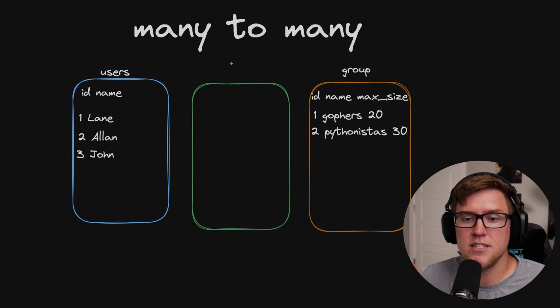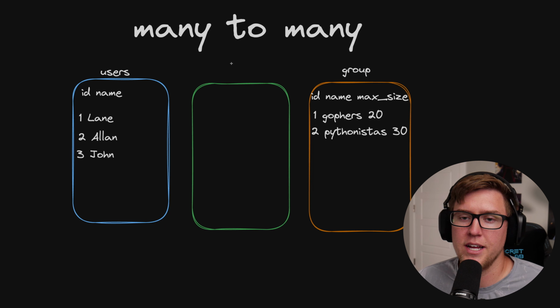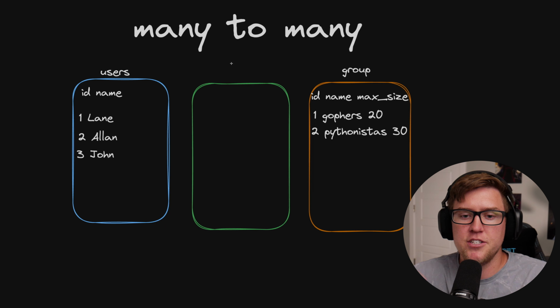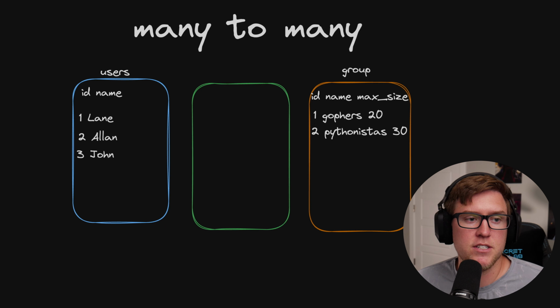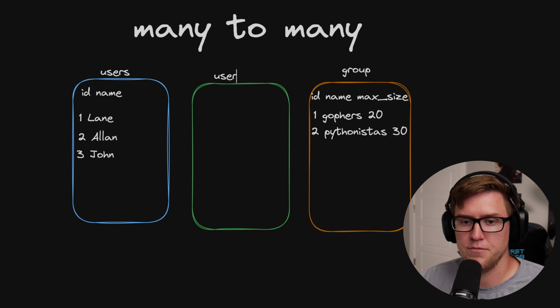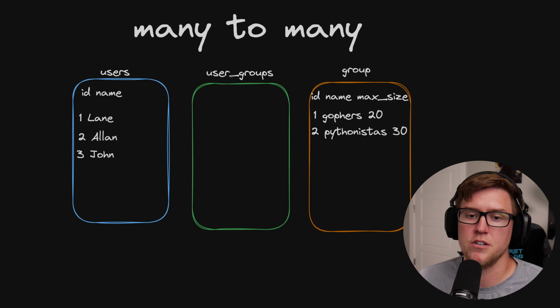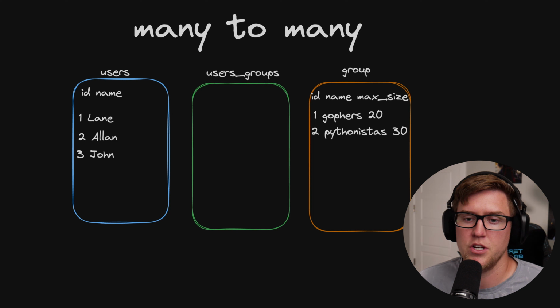And this is typically called a joining table. And really its only purpose is to model the relationship between users and groups. And oftentimes you'll see the table just called, for example, user groups, very obviously just mapping the relationship between users and groups.